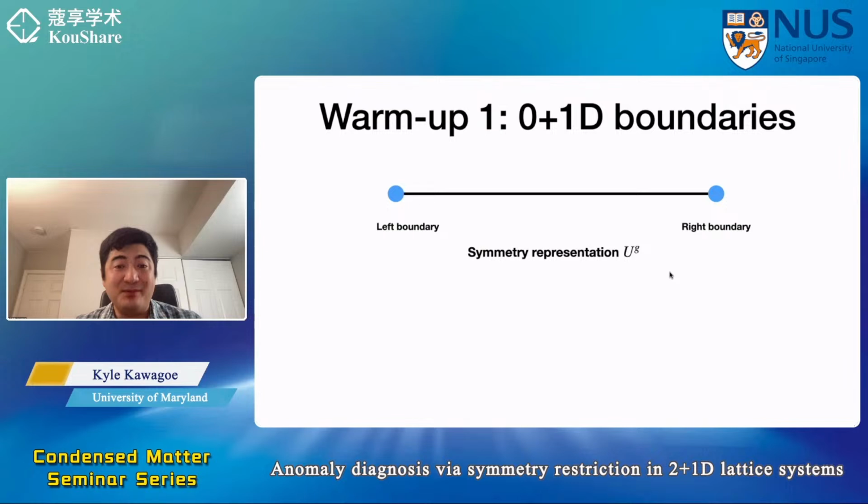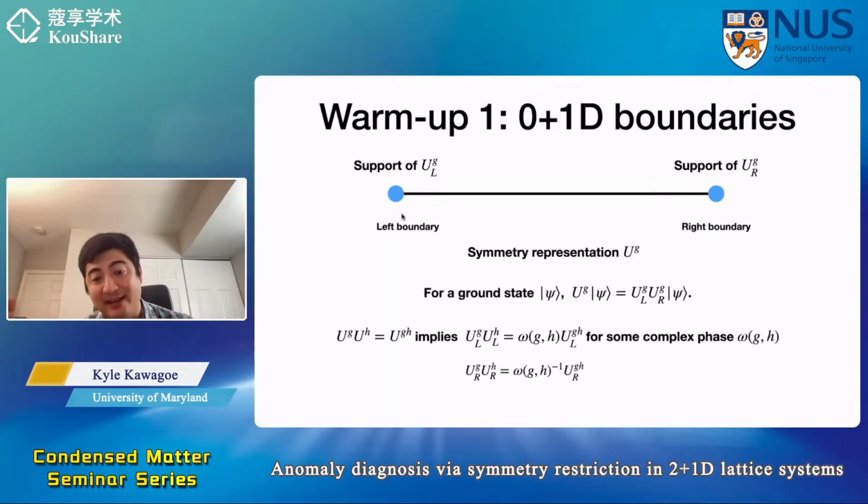And what this means is that this equation, U_g times U_h is U_gh, is satisfied on both the left and right-hand sides independently, but only up to a complex phase, owing to the nature of tensor products, of course. This complex phase, which you can't always get rid of by making different choices, means that you have a projective representation on the boundary. Whereas you had a linear representation, the boundary representation is now projective.